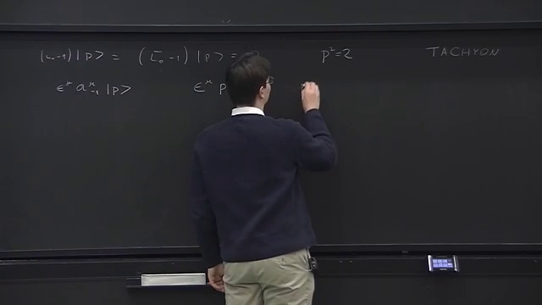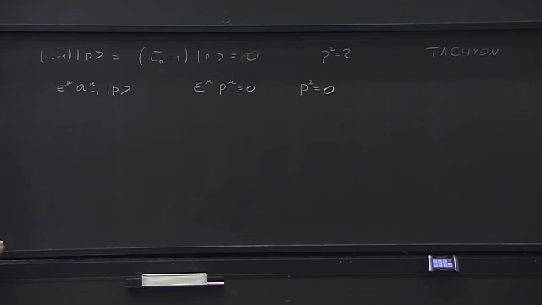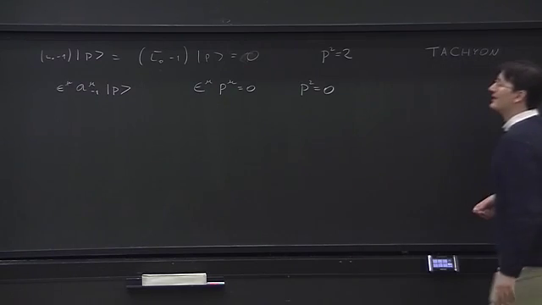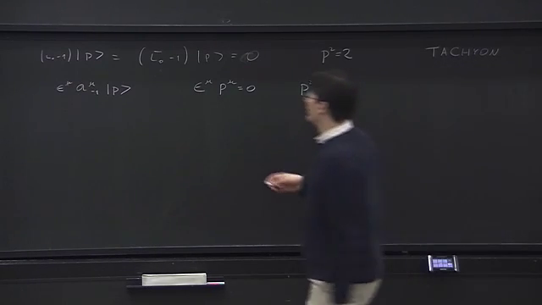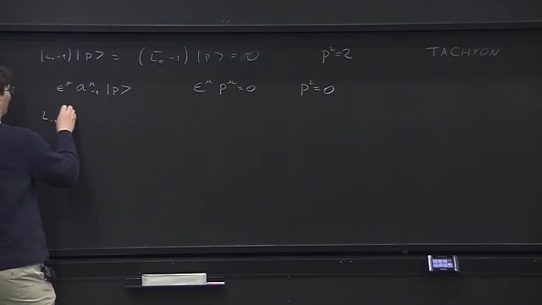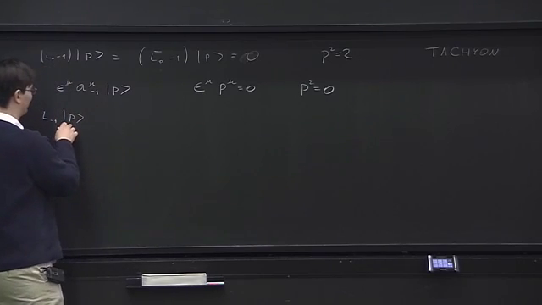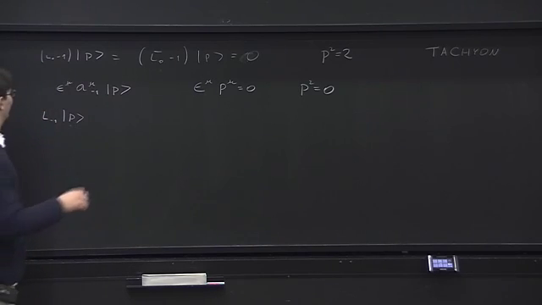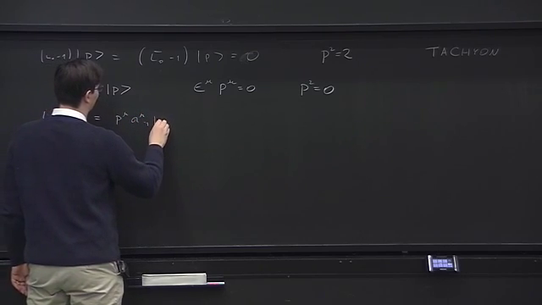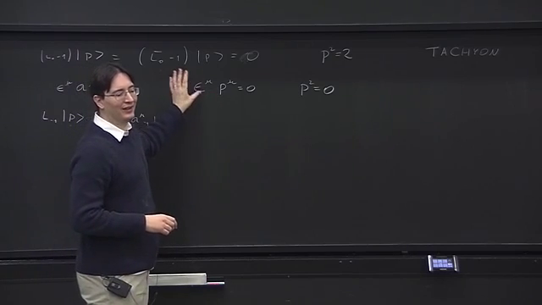That means that p squared is 0. But then, if p squared is 0, something funny happens, which is that if you look at the null states, L minus 1 acting on something, this is p mu, and L minus 1 acting gives p. And this actually satisfies this condition. So one of the physical states is actually a null state.